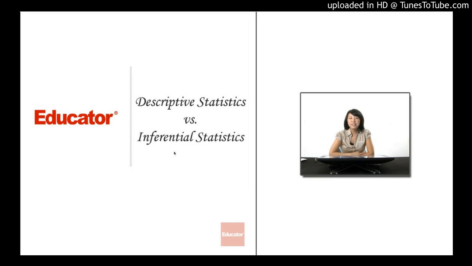Notice that for some of these ages, the frequency is 0. There are 0 people who are 26 years old in our sample. Now, why do I want to keep that 26 in there?